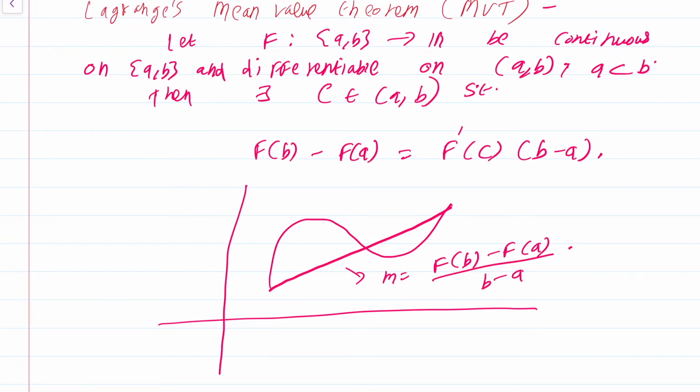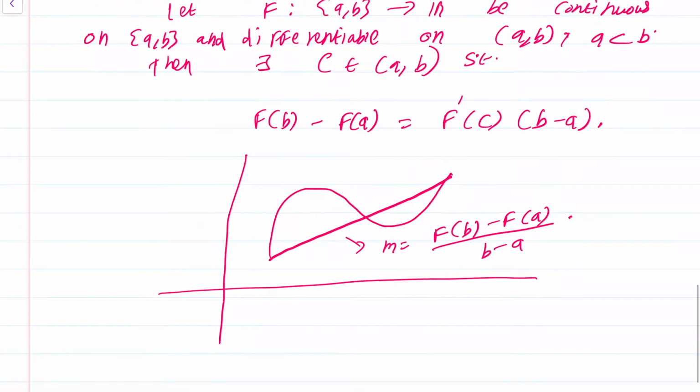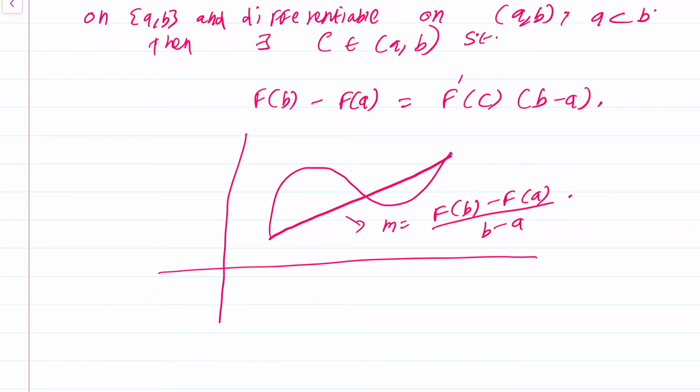This is from high school analytic geometry. The slope of the line is given by f of b minus f of a by b minus a. Now what we are going to do is view this function as a graph over this line and then apply Rolle's theorem.